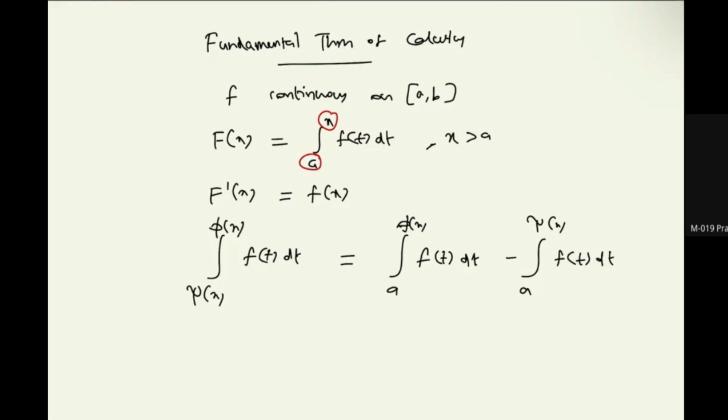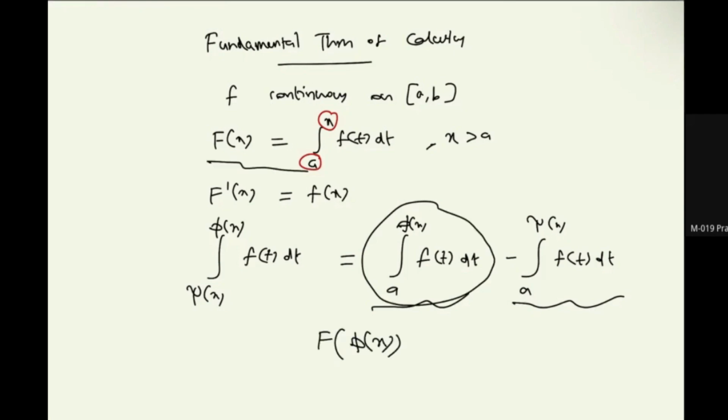In order to differentiate the left hand side, I need to differentiate each of the two terms. So I will tell you how this can be differentiated. This thing is nothing but f of phi of x, right? If f of x is this, it's just the composition of f with phi of x. We are basically putting phi of x instead of x, right?